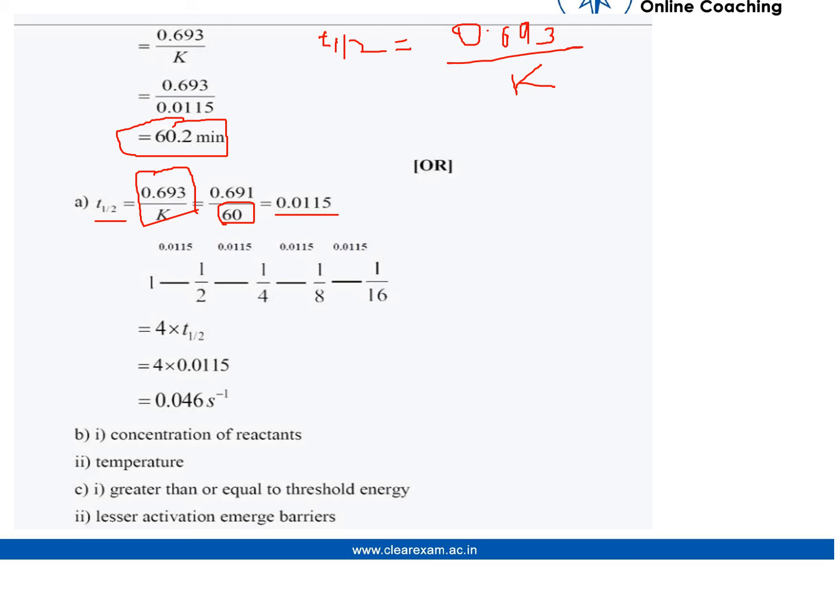So we have to calculate for 1/16th. Half time the 1/16th of the reactant becomes first 1 by 2, then 1 by 4, then 1 by 8, and then 1 by 16. So in total 4 times the half time.